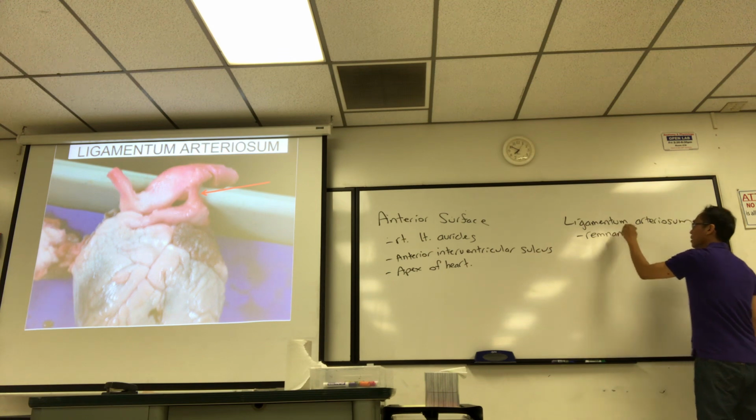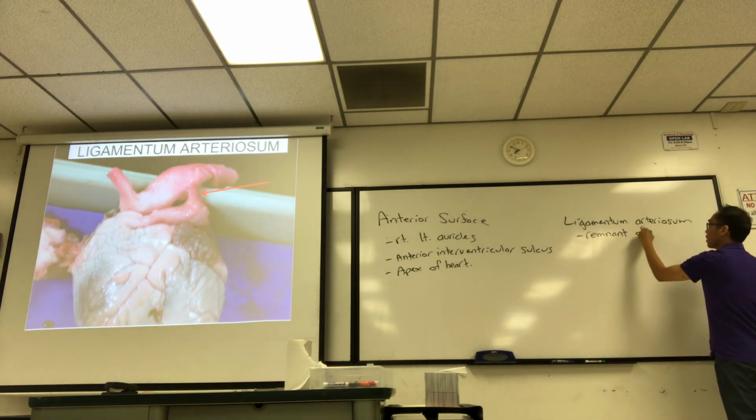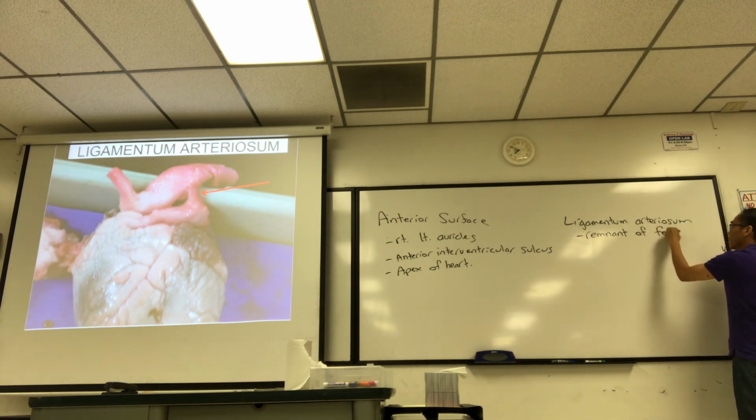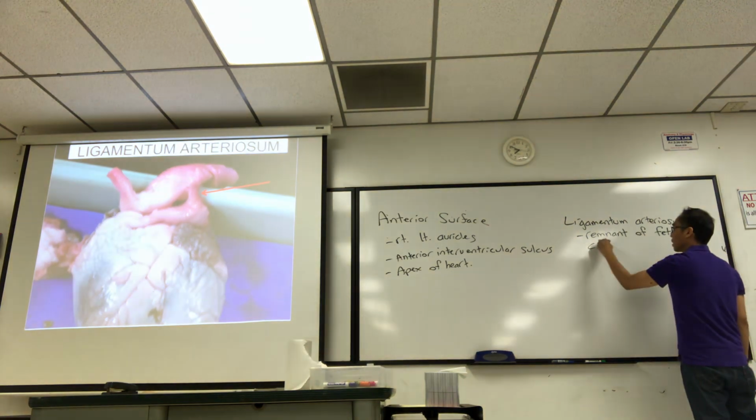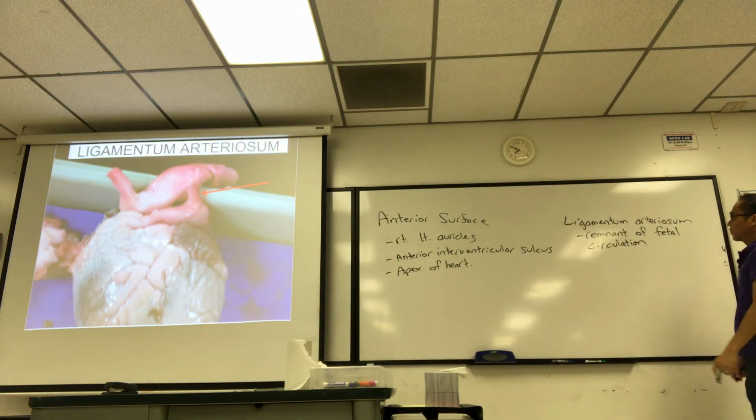Remnant means when you were a fetus, you were using it; now you're an adult, you're not using it. So now it's just a ligament. But when you were using it, it was a bypass. It went straight from the pulmonary trunk to the aorta.